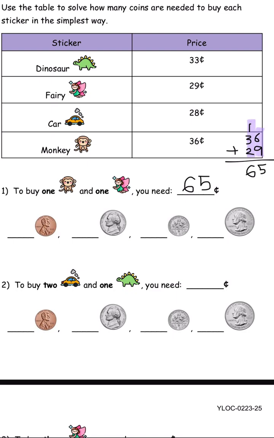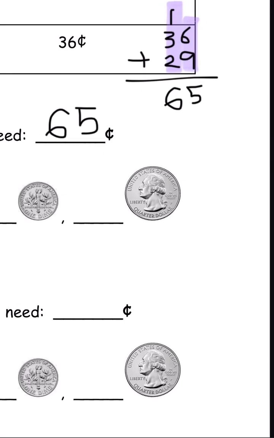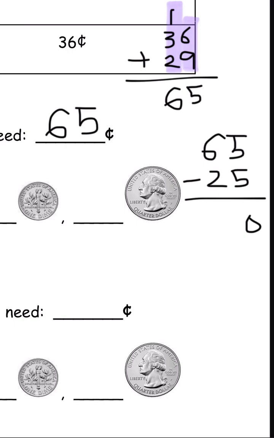We're going to start with the biggest one over here. So if you use a quarter, that's 25 cents. So if we subtract 25, 5 minus 5 is 0, and 6 minus 2 is 4, that's 40.